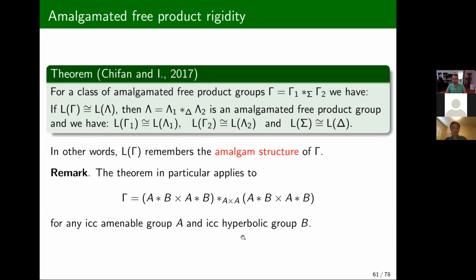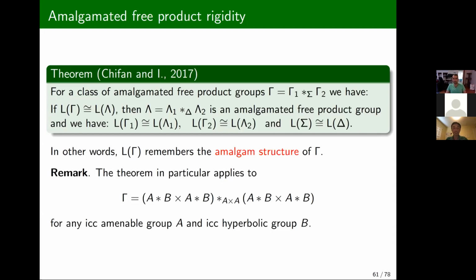So products like this, of which there are uncountably many, satisfy this rigidity theorem. All right, so to recap all of this, we've now seen several properties that can be remembered by the von Neumann algebra: amalgamated free product decompositions or product decompositions.